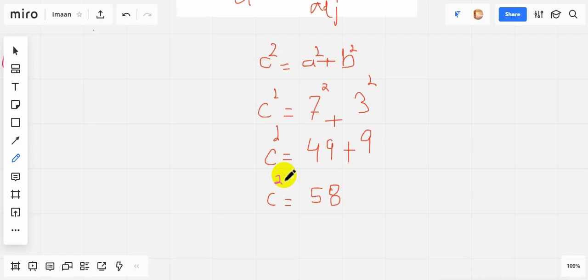It's simple. You just square root both the sides. So square and square root will cancel each other, and then you'll get c. C equals, what is the square root of 58? So square root of 58 is 7.6. So this is our hypotenuse, 7.6.